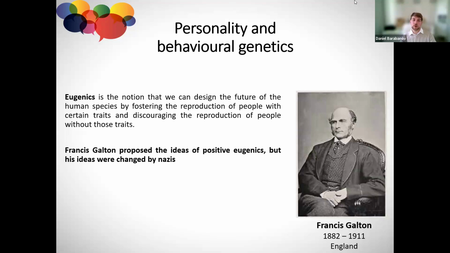Nazis were completely sure that some nations are genetically superior to others, and their idea was, if we exterminate all people with bad genetics, as they considered that, only people with good genetics will stay and will have offspring, which will result in improving the human species. So the overall idea was that.